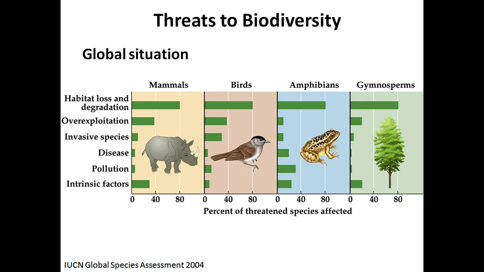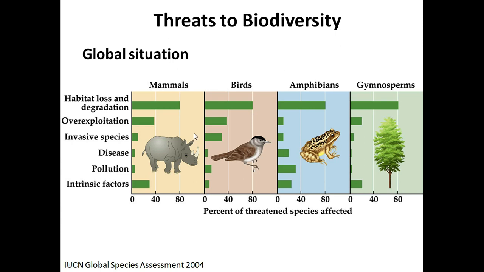Do you see any significant patterns? Take a moment to look at these green bars. One is very obvious, right? Look at this: habitat loss and degradation. Across all the taxa, 80% of organisms are threatened due to habitat loss and degradation.